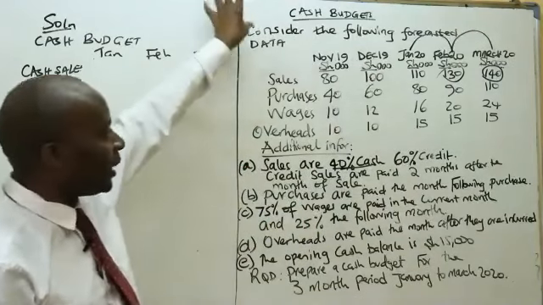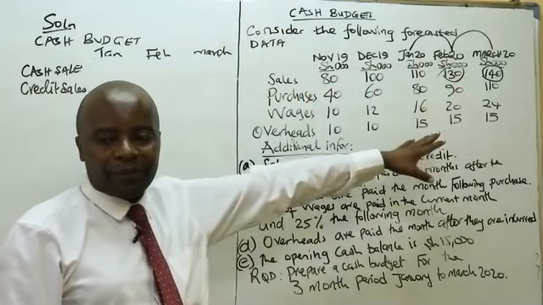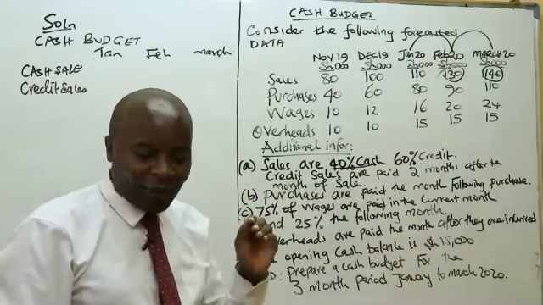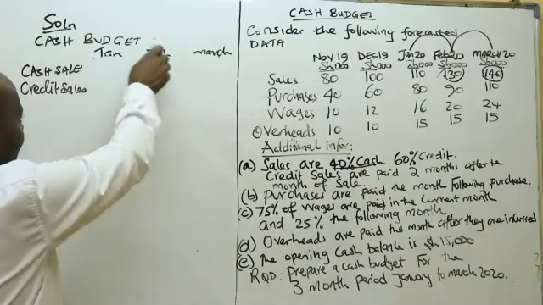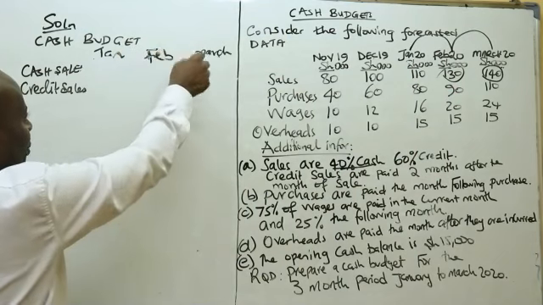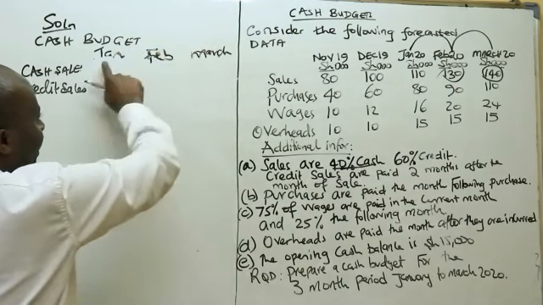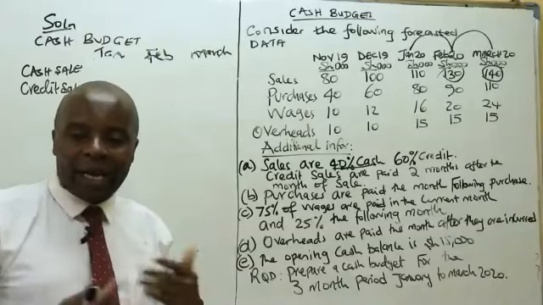They've given us other months there, but our budget should be from January to March. Now listen to me very well. What I will do, I will come here and I have my solution there, cash budget. I have my 3 months, January, February, and March, like that.